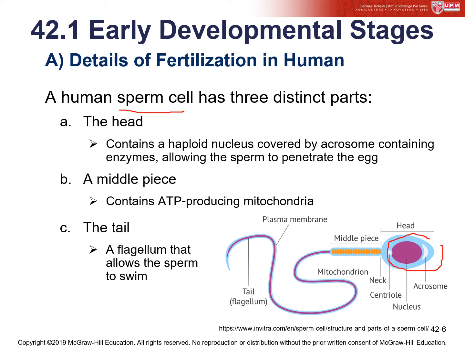In the head, you can find the nucleus, which carries your genetic material, and then an acrosome, which secretes an enzyme that is used in the process of fertilization later on. The second part is the middle piece, which is made up of a stack of mitochondria that provide energy for the tail to swim, which is the last part of the sperm cell.